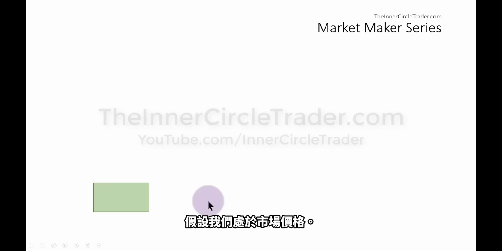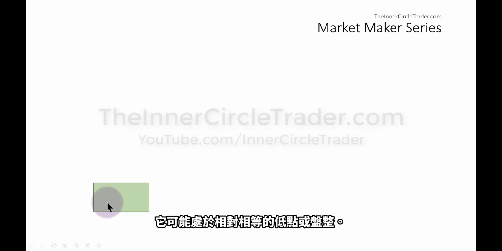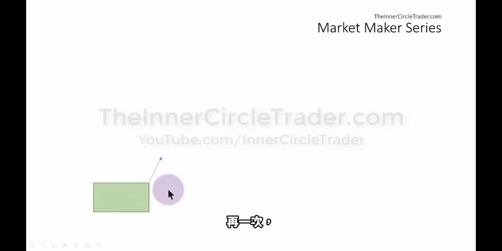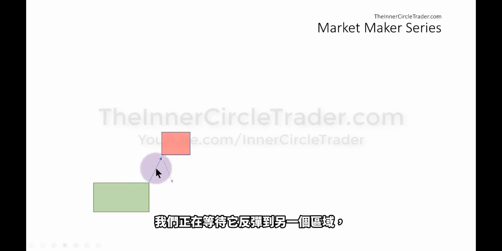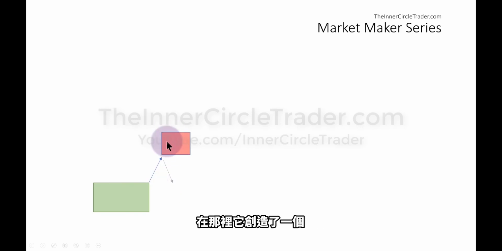All right, again, the assumption is that we're at a market price down here. It could be trading in relatively equal lows or consolidation. Then it leaves the consolidation. At this point, it could come back to the original consolidation high, but it doesn't have to. We're waiting for it to rally up into another area where it creates an optimal trade entry long, or it creates a short-term low and then another short-term low that's lower than it that takes out sell stops.